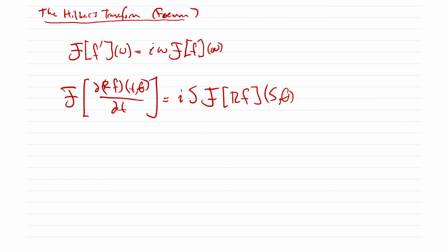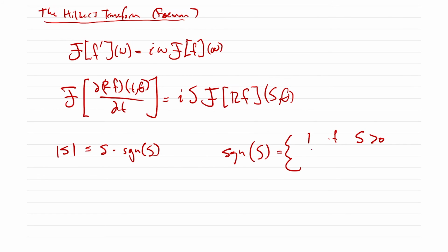One way to think about the absolute value of s is that it is s times what is called the signum function of s. So we'll say the signum function of s is defined as 1 if s is positive, 0 if s is equal to 0, and negative 1 if s is less than 0.